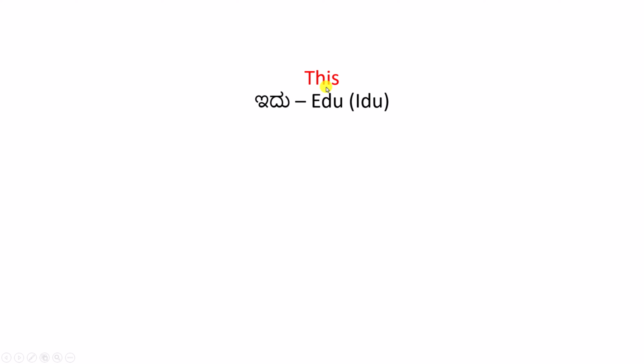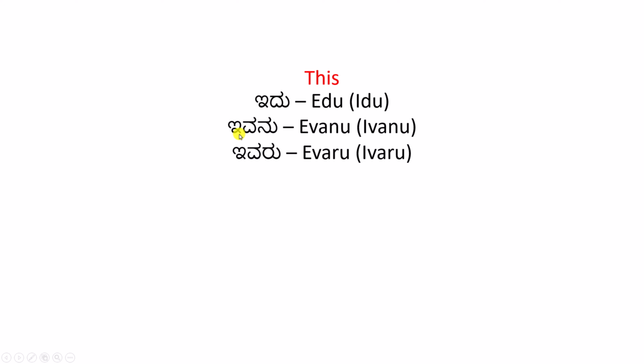This in Kannada is idu. Idu, which can also be spelled like this. Idu is this. But we can also use Ivanu or Ivaru for this when we are referring to a person.